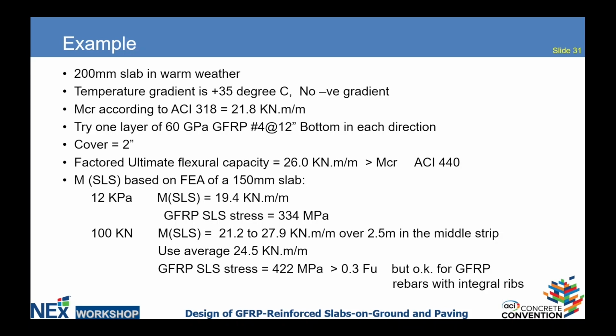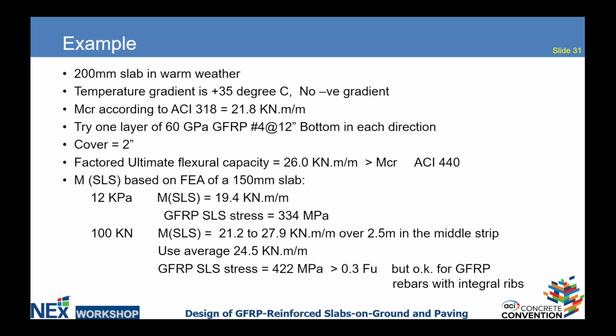So let's try one layer of 60 GPa GFRP, number 4 at 12 inches in the bottom in both directions. With GFRP, we can have a slightly smaller cover than steel, 2 inches. And so we found that the factored ultimate flexural capacity is 26. It's bigger than M crack.